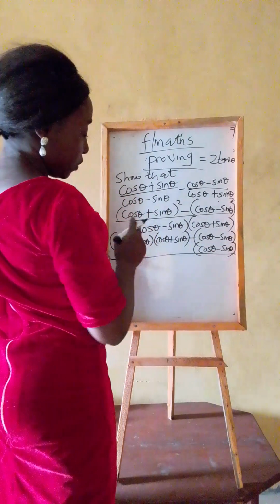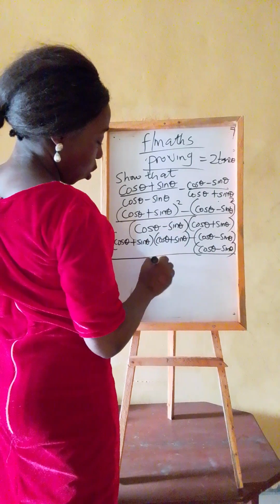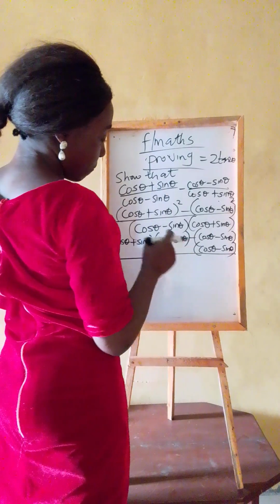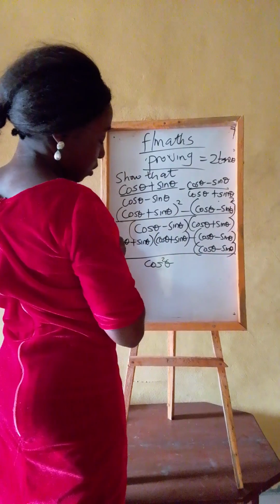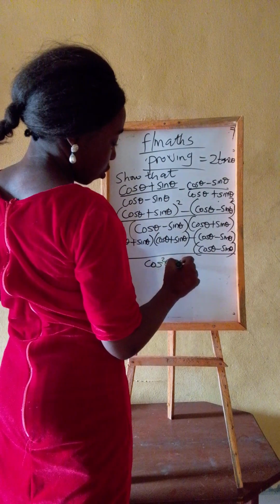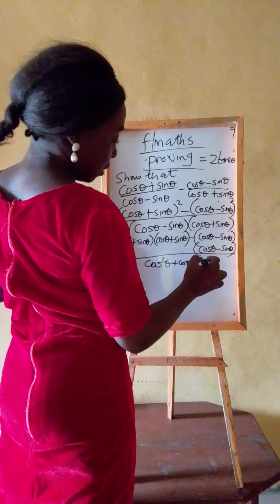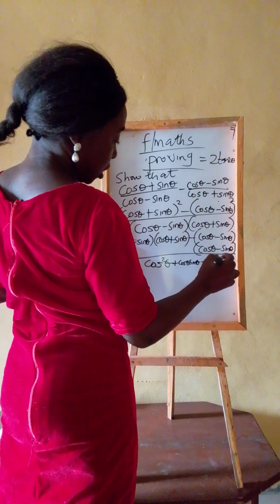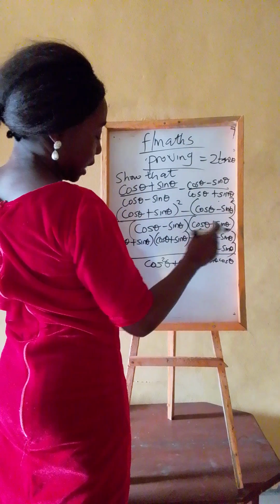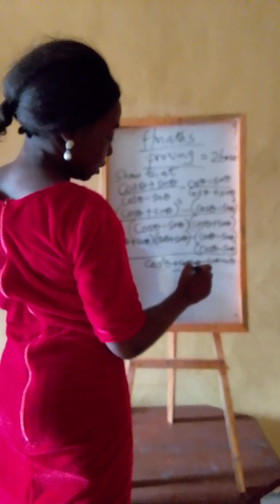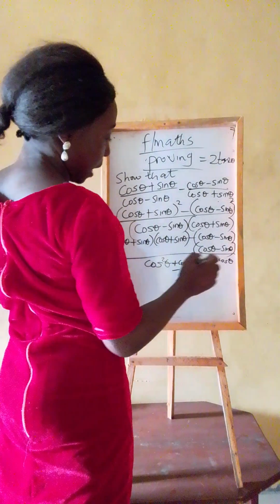Over this times this, we have cos square theta. This times this, that will give us plus cos theta sin theta. This times this, minus sin theta cos theta. This times this, minus sin square theta.